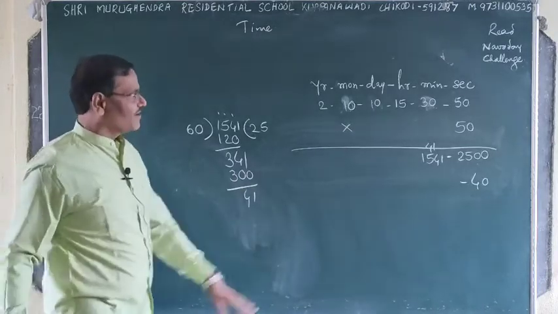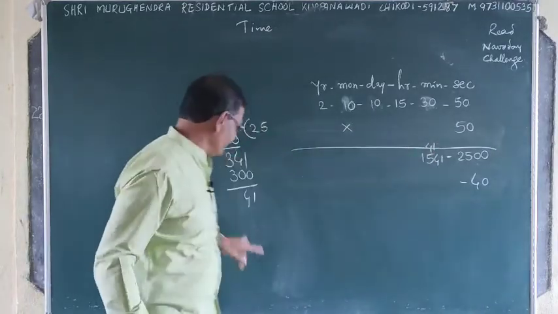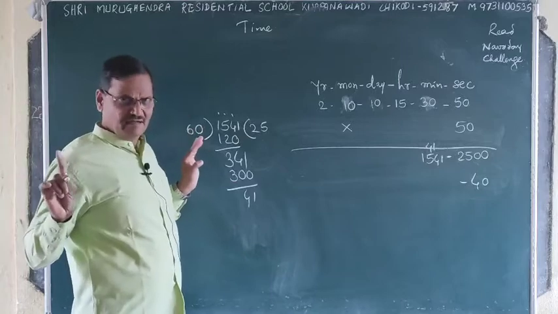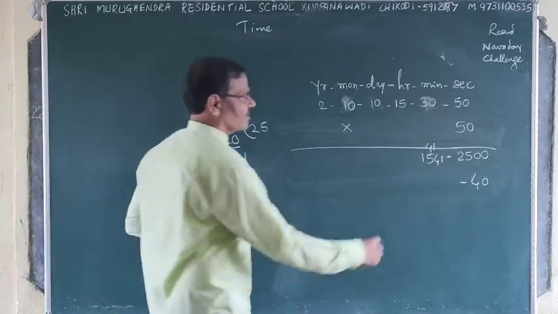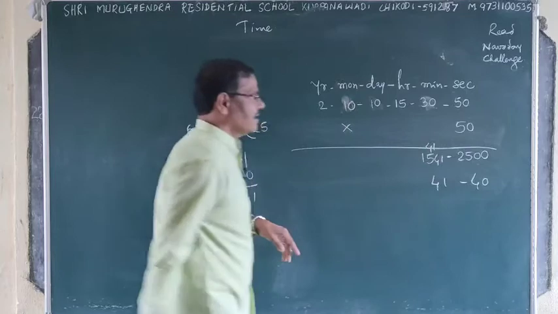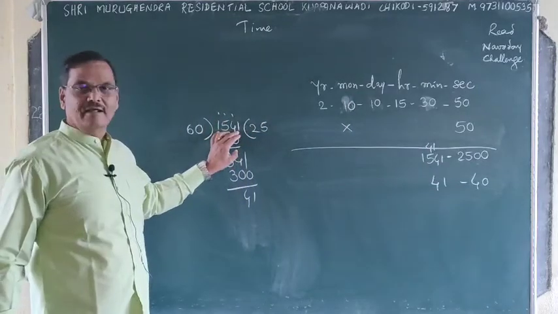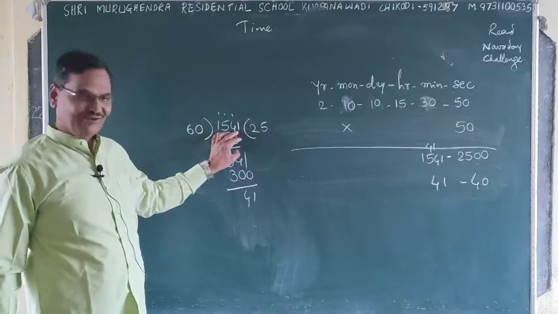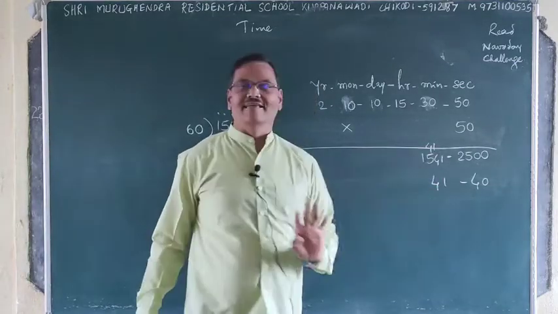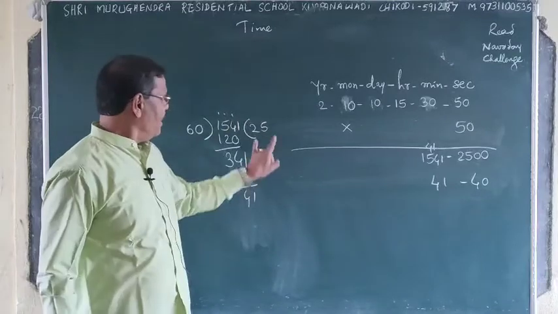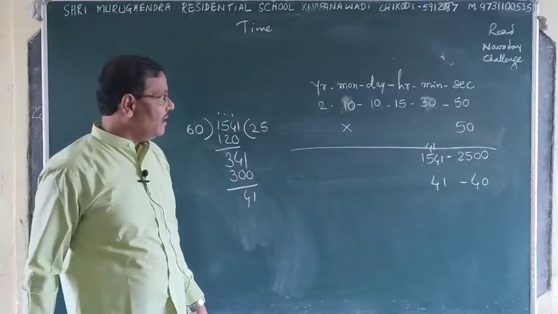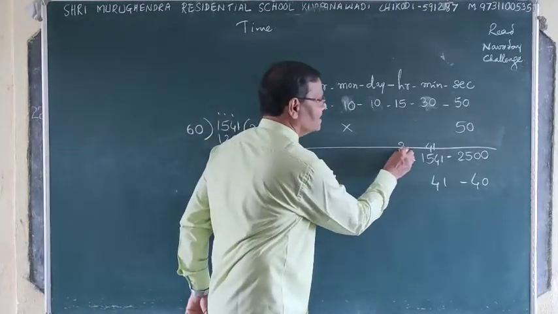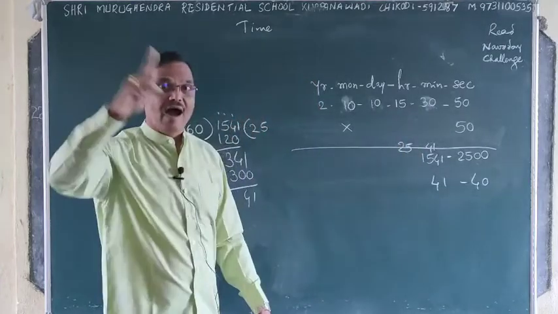The 41 that was carried came here. Here 41. 1500 is directly divisible by 60, so whatever was carried came here. Okay. Then how many hours are here? 25 hours.